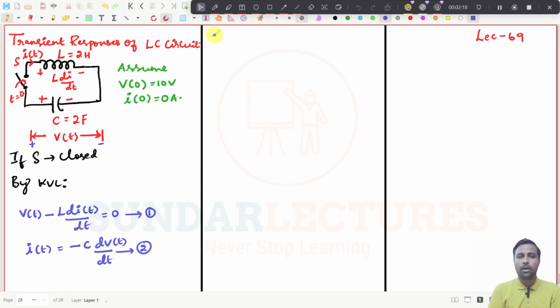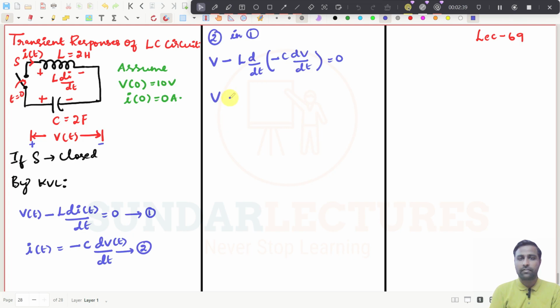Now put 2 in 1. What will you get? I substitute, so V minus L d by dt is already there, and instead of I of t I substitute minus C dV by dt, that should be equal to 0. If you simplify this, you will get V plus LC d square V by dt square equal to 0.